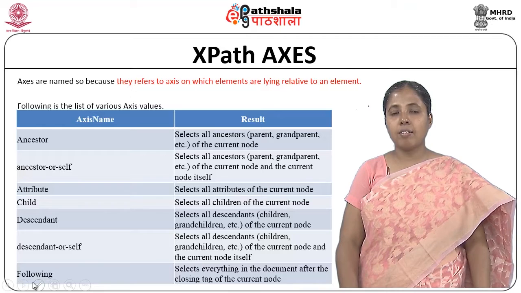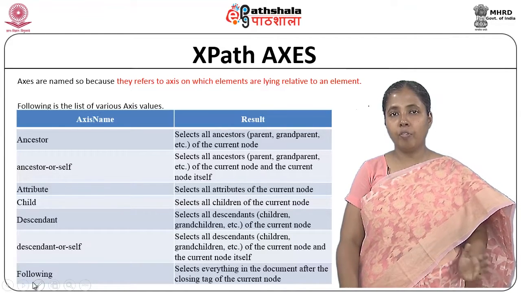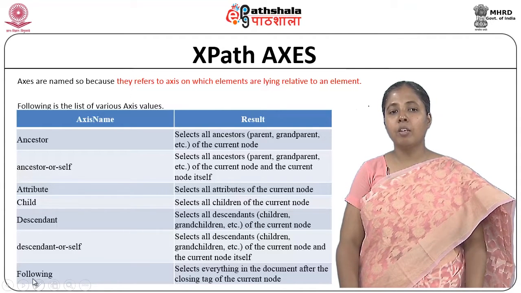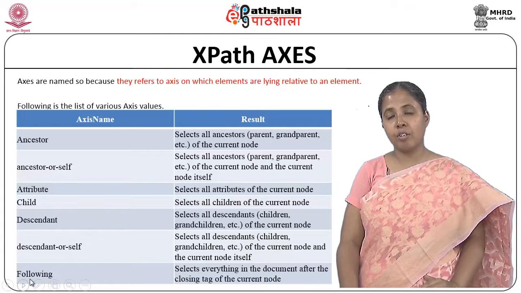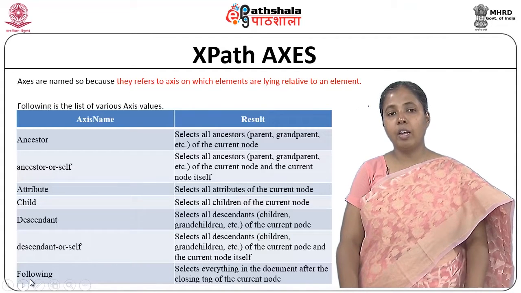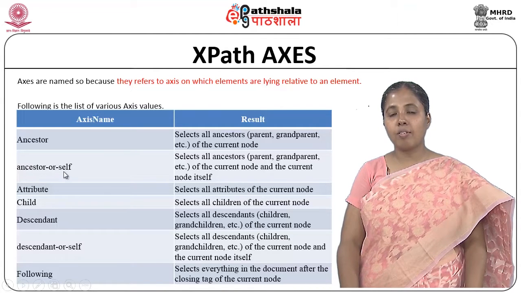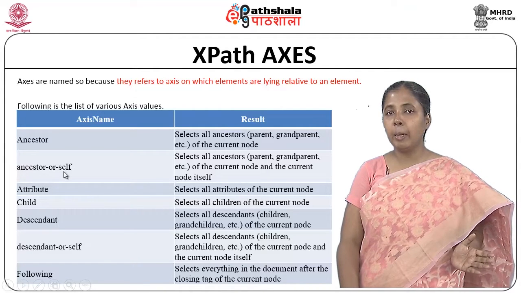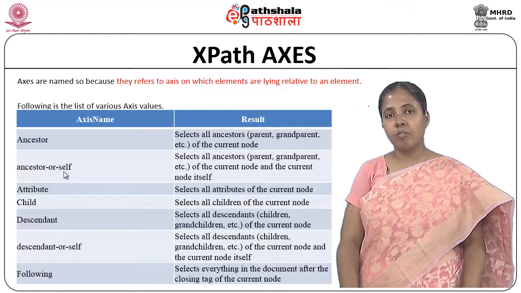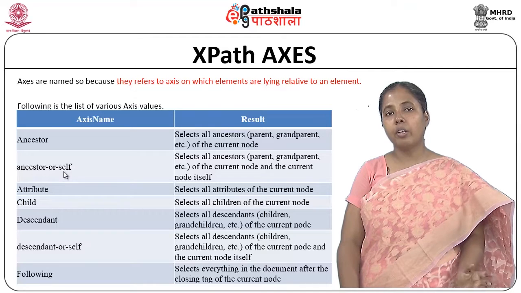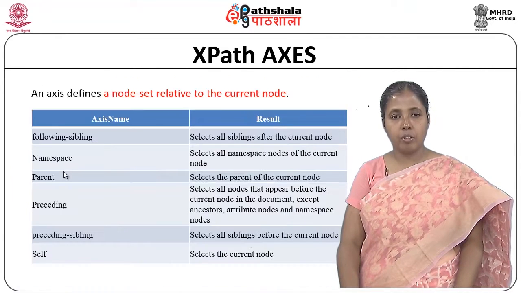So this axis can be relatively forward or relatively backward. Following is a relative axis going forward, and ancestor-or-self is an axis going backward. So we can specify a relative path expression in either the forward or the backward direction.